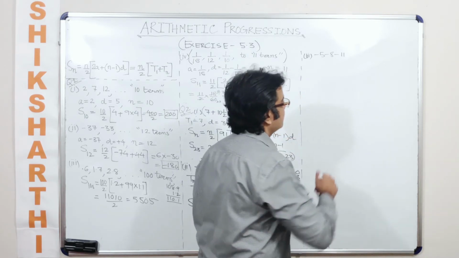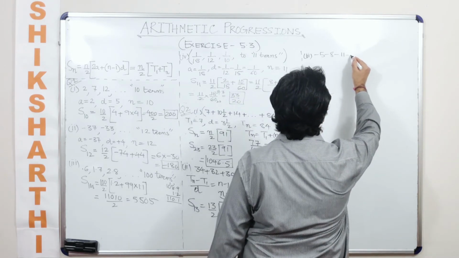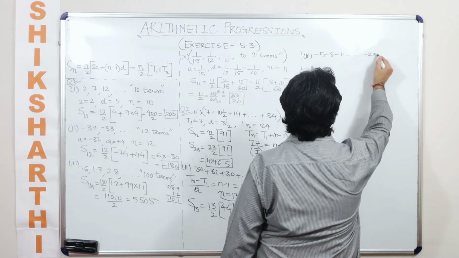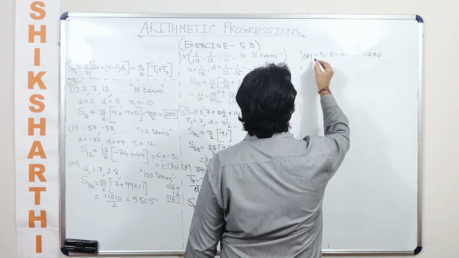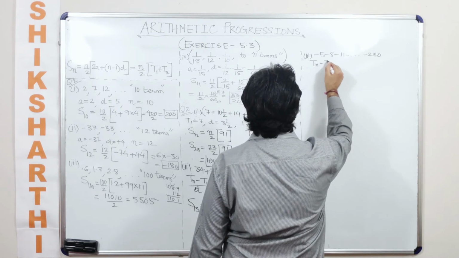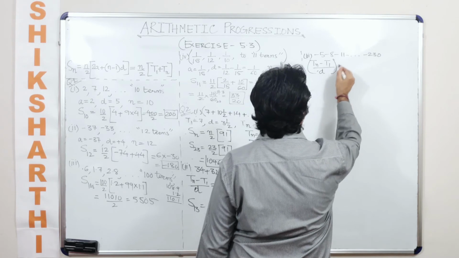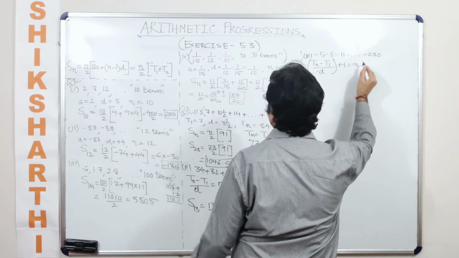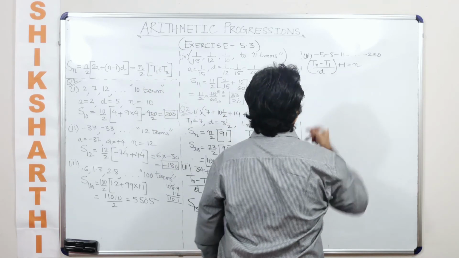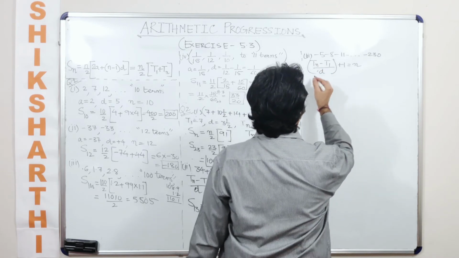Okay, so the last term here is minus 230. So we do the same. So we do what? Tn minus T1 upon D, and plus 1 gives me the number of terms. Slightly maneuvering the formula. So what is the last term here?